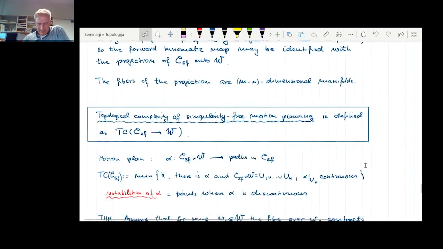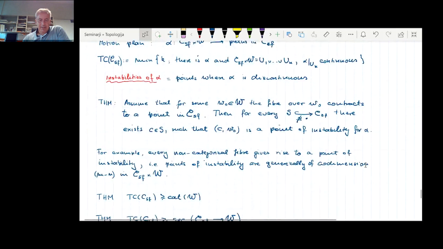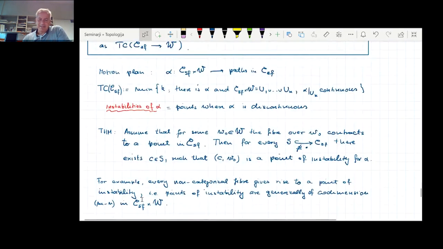Let me return back. So this means that if you have a categorical fiber, then on each non-categorical fiber there is at least one point. So you get something which is generically of codimension m minus n. So for example, if you have redundancy 1, then you have a subspace which locally separates this set of all tasks, of all queries. So it's quite big. This was kind of a surprise for me.